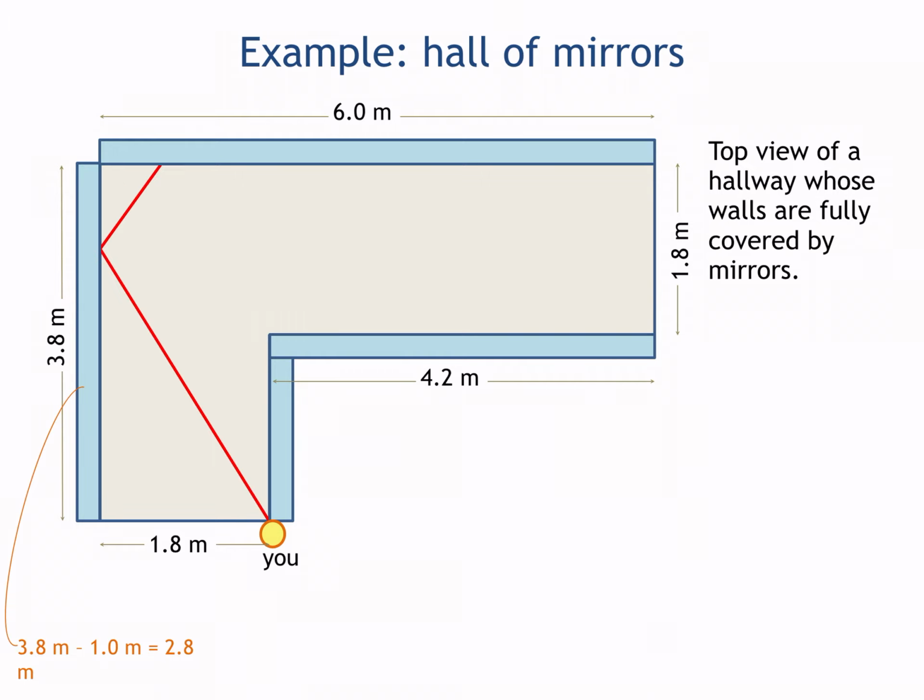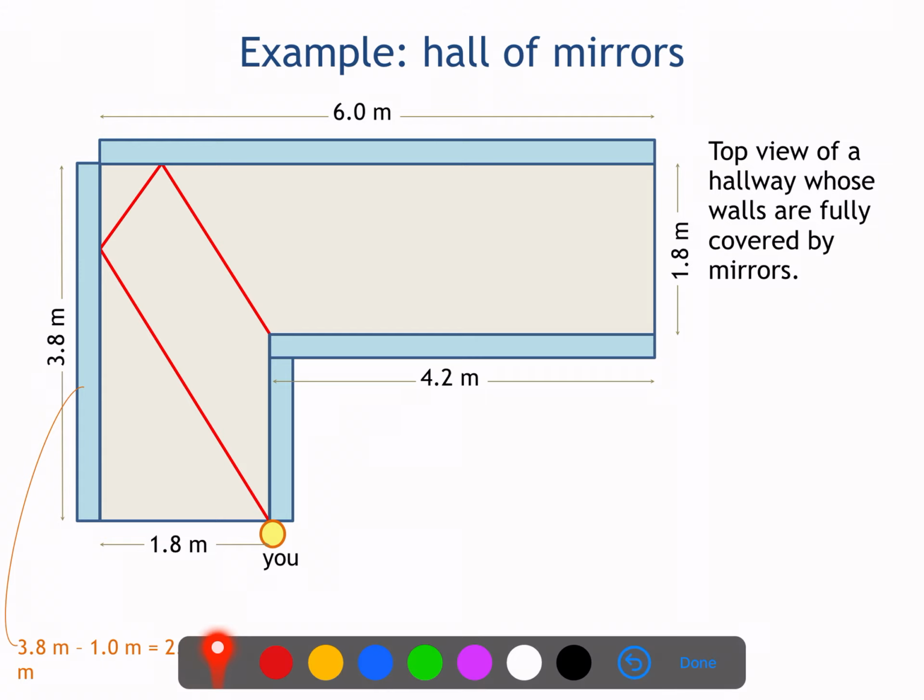Let's say that we finally find this magical spot where the angle is just right so that when it bounces off of here, it just barely hits this corner, and then it's able to proceed through the hall of mirrors, bouncing off of each side and get around that corner.